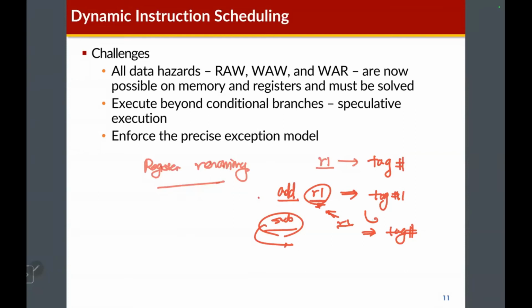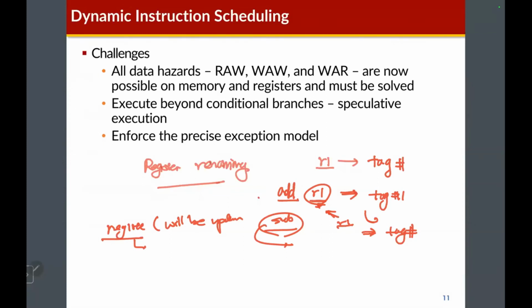So when the specific register will be updated because a certain instruction is dispatched, during this intermediate period, the processor changes the name of this register to the tag number.